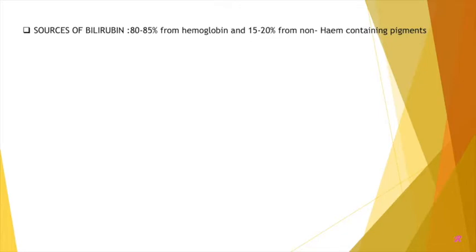They will become old. We have seen that in old persons the skin is wrinkled and gets easily bruised. Likewise, our RBCs also get ruptured. Their cell membrane gets ruptured as they get old, and there will be release of hemoglobin.